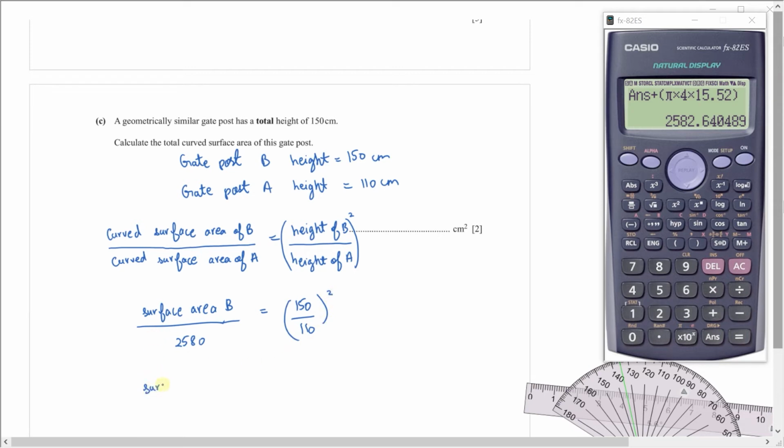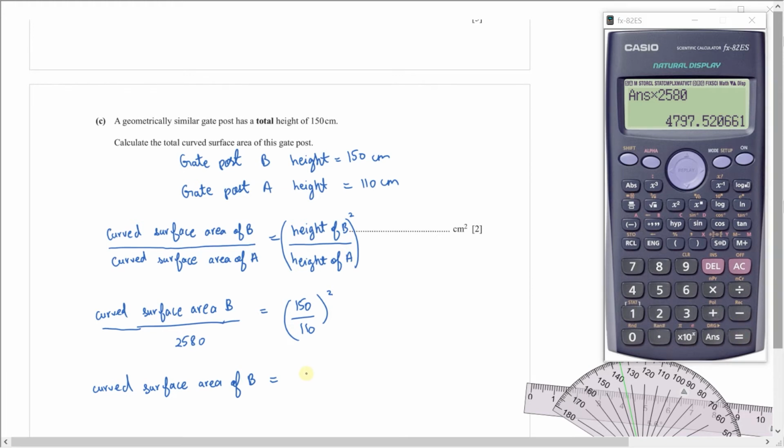So curved surface area of B will be 150 divided by 110, and then I take the square of this, and once I take this 2580 to the other side, it will be multiplied there. So multiplied by 2580.